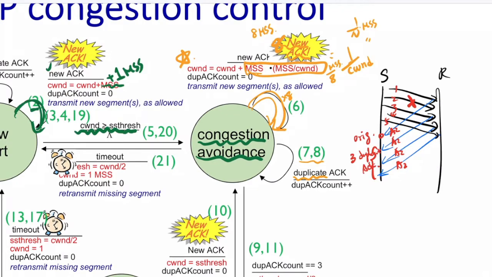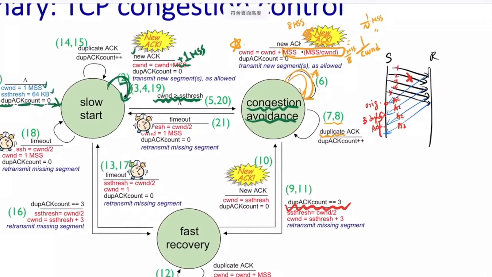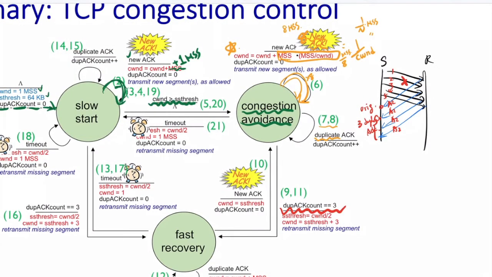this one is 3 duplicate ACKs. So basically you receive 4 ACKs. You have to continuously count how many duplicate ACKs you receive at the current state. So for number 7 and 8, you keep continuously counting the ACKs. But if you receive 3 duplicate ACKs, that means there's something wrong with the network, because packet number 2 is lost.